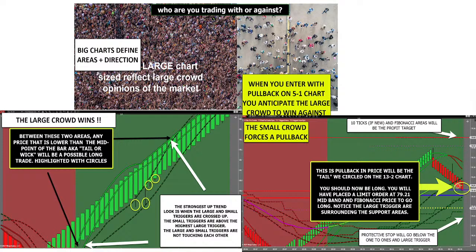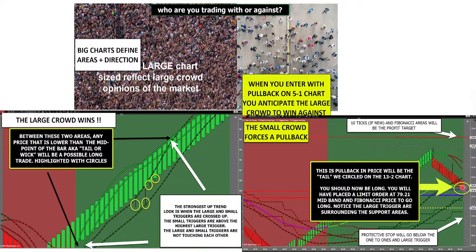And they typically fail 70 to 80% of the time, which means that when we trade with the large crowd, when we trade with momentum, when we trade with direction, when our path is clear, rule number 3 has us pinpointing almost exactly where that small crowd is most likely to fail. And if this is where we're entering and they fail 70 to 80% of the time, it puts us in a position to have the potential to win 70 to 80% of the time, guys.